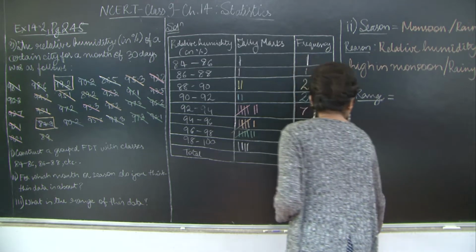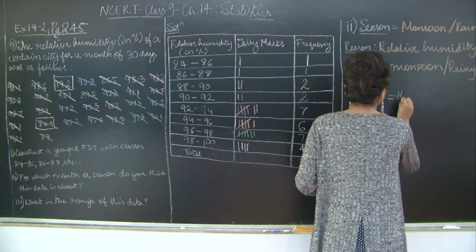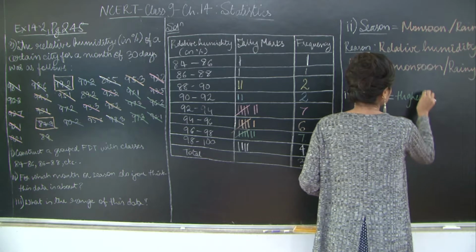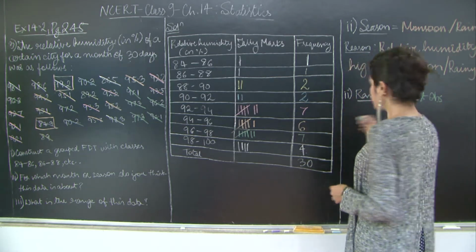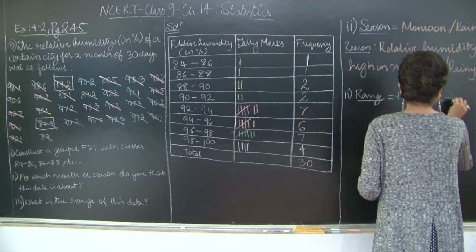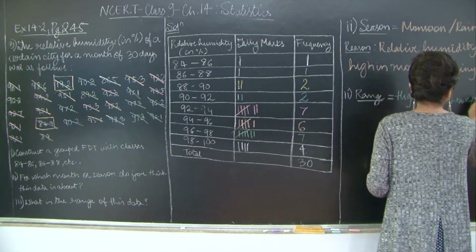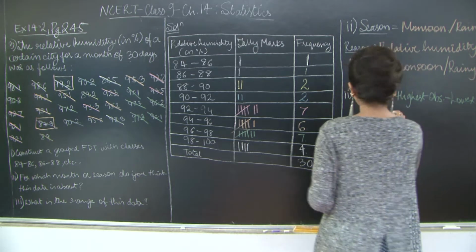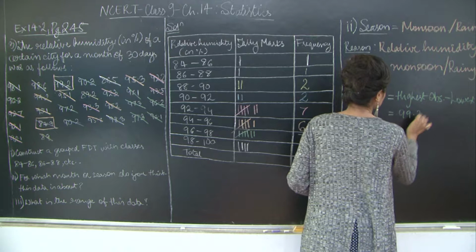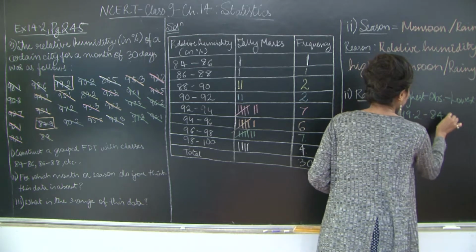Let's write this down. Range is equal to highest observation, I'm just writing OBS for observation, minus lowest observation. So this is equal to 99.2 minus 84.9.